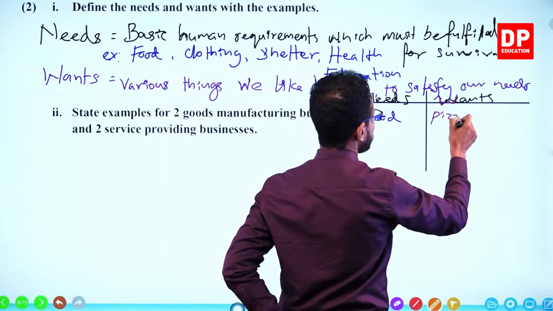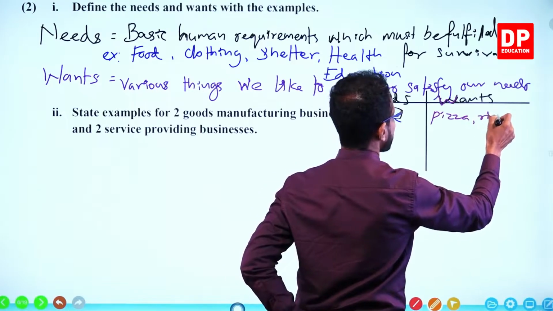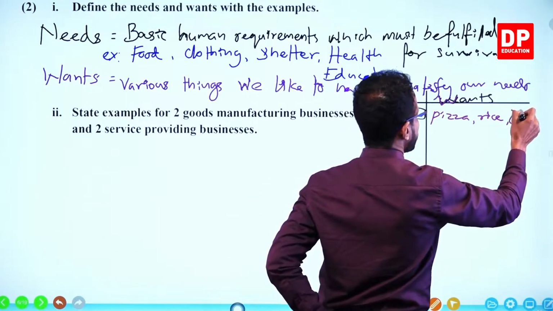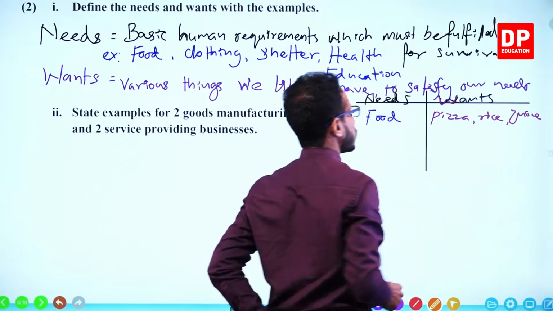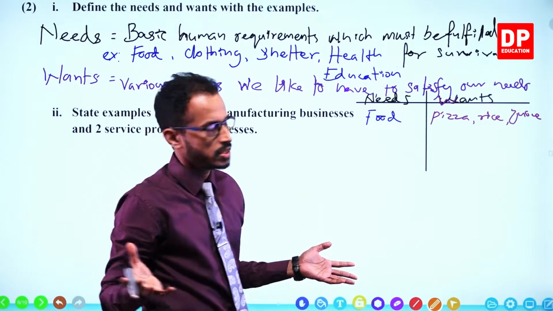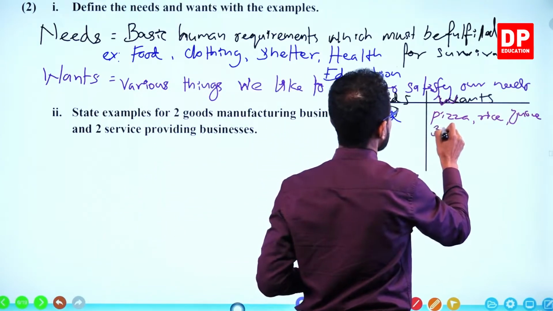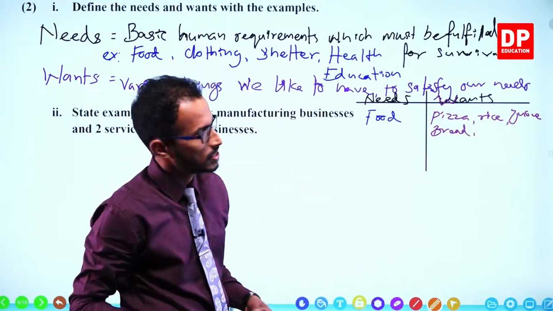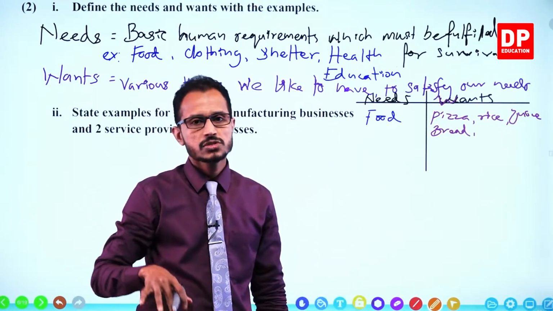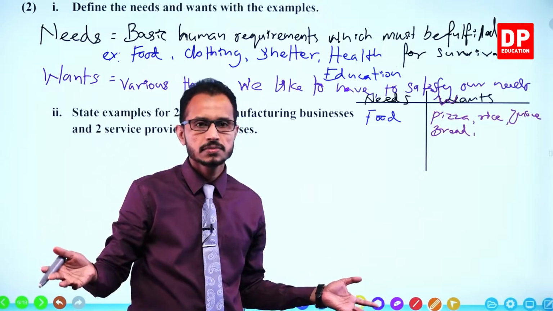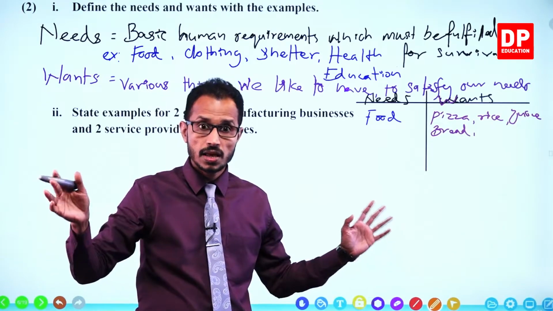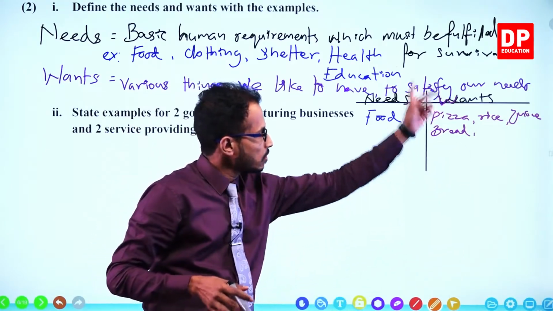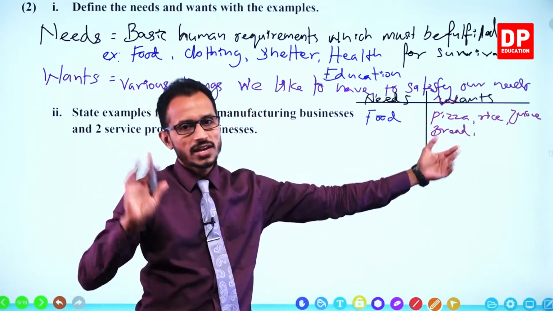Pizza, rice, juice, spaghetti, macaroni, bread, tea, plain tea, soft drinks, cake, and chocolates, and so on and so forth. You can write thousands and thousands of food items that you like to have.